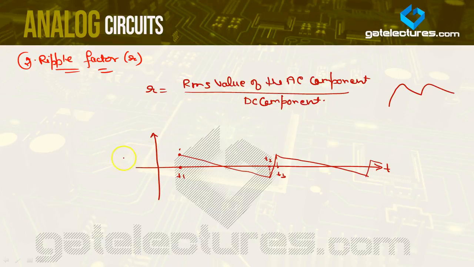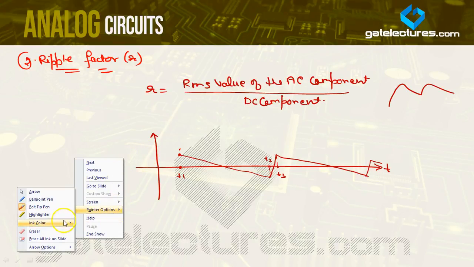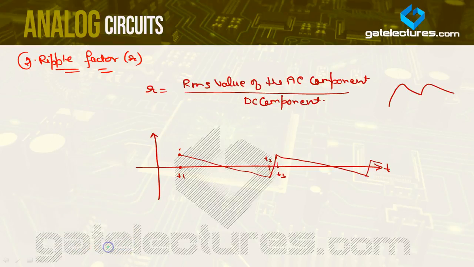We know that the peak to peak variation corresponds to VR. So this whole variation is VR, and this is VR by 2, and this is minus VR by 2, because we have taken this particular axis that cuts the ripple variations into two halves.